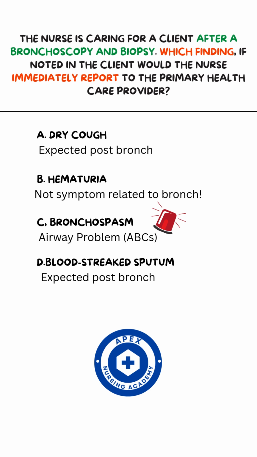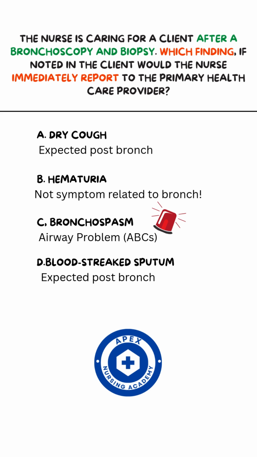So I mean, we can close the book, but we'll go ahead and look at blood-streaked sputum, which we've already established is expected in this context after a bronch. They have put a scope down your throat into your lungs. You may have some blood-streaked sputum, but remember, you don't want to have bright red frank blood. Frank blood just means it's visible to your eyesight.